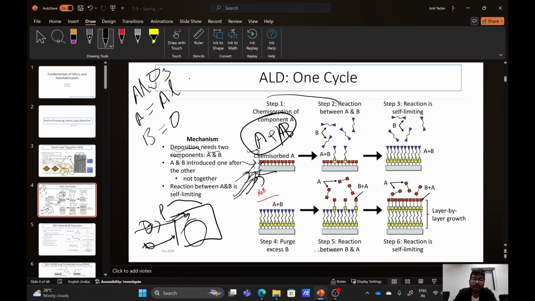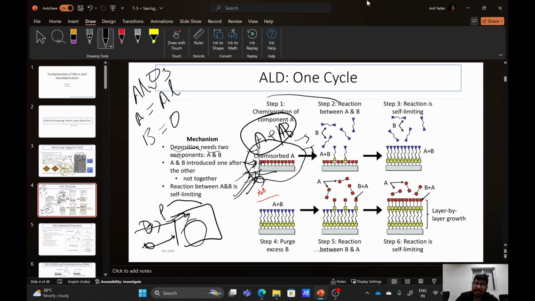So only a single layer of molecules will be formed over the substrate. In the next cycle, we will pass precursor B. B is a kind of oxidant.